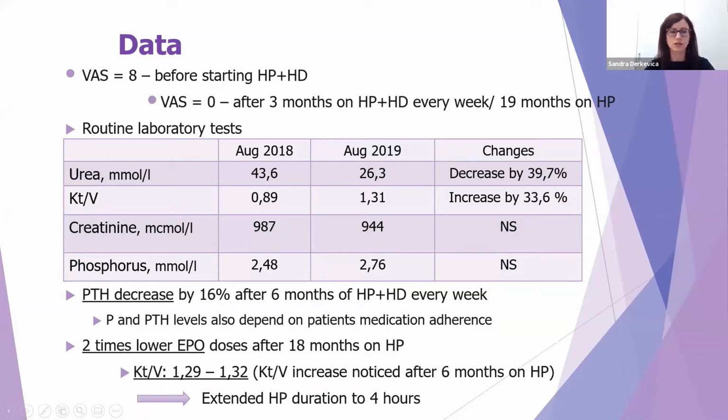There was no significant change in creatinine and phosphorus concentration, and the PTH decrease came after 6 months of hemoperfusion added to hemodialysis every week. What else we noticed is that after 18 months on hemoperfusion, we required 2 times lower EPO doses.